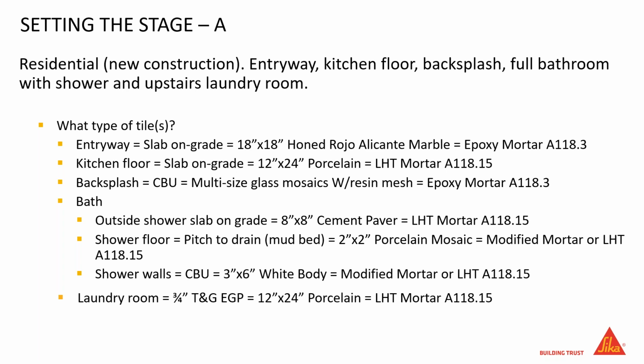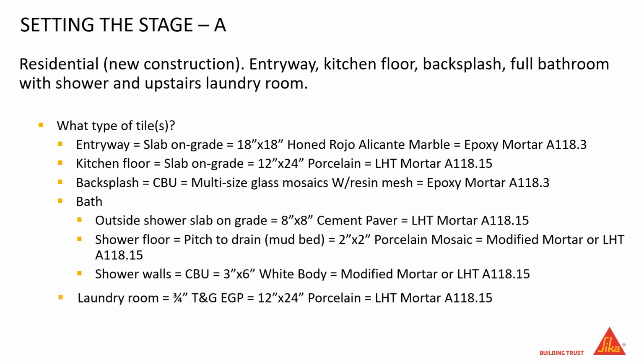And the other thing with that 118.15 versus just a traditional modified mortar is that we've got that non-sag now on the walls. Even though it's a 3x6, it's a fairly light tile, it's a white body. We'll be able to hold that tile in place as we're stacking. And that white body is also pretty important to know, because white bodies are a lot more absorbent than a porcelain tile or a glass tile.